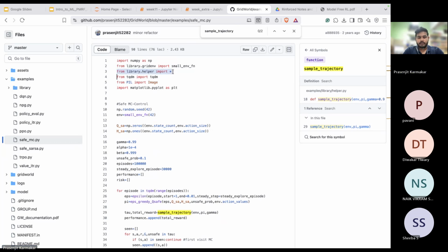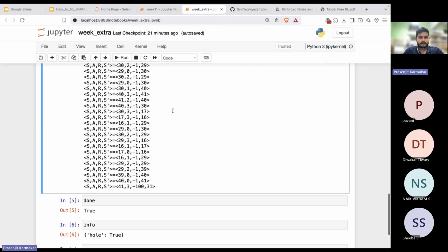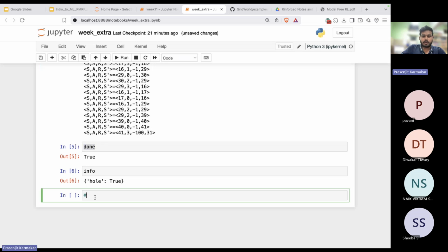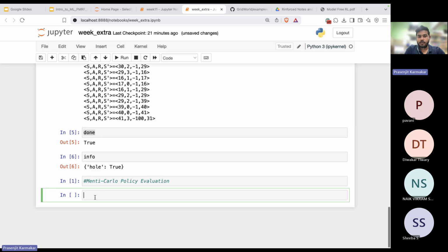Fine. So I have to import this. This is Monte-Carlo policy evaluation.